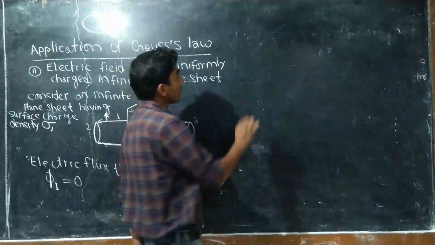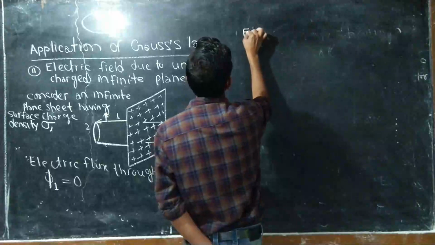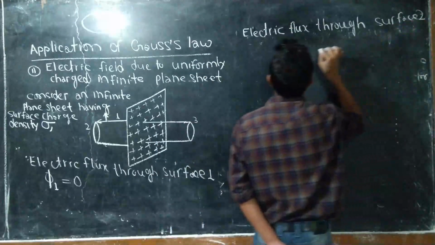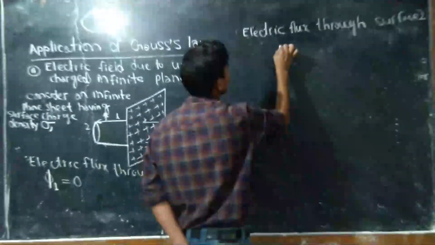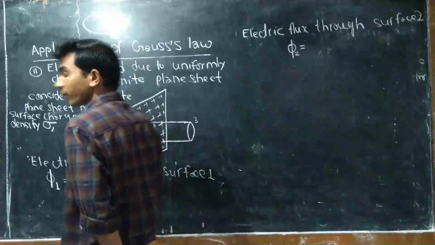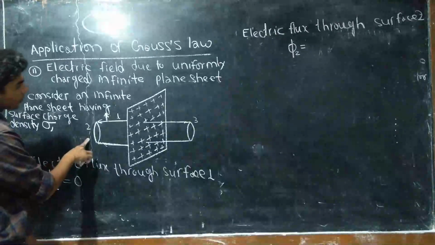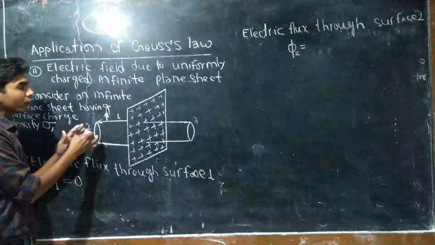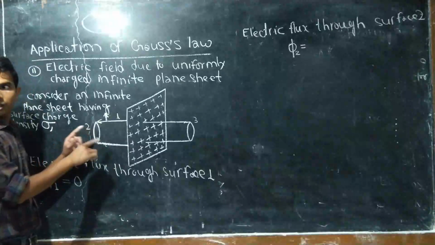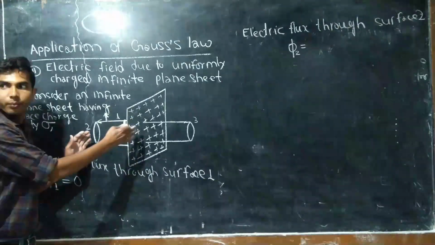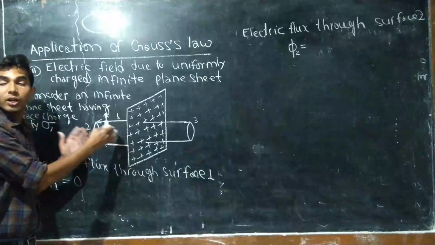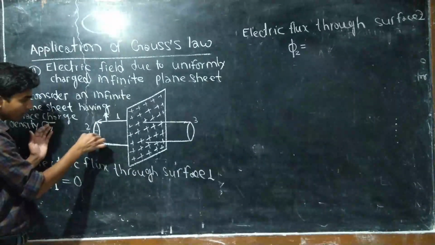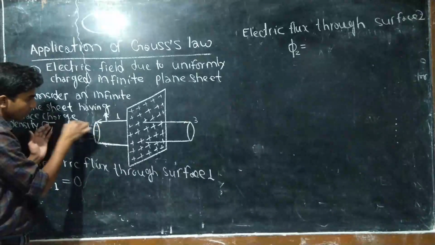Now the electric flux through surface 2. Which one is your surface 2? This one. Now you can see all those points lying on this surface are at equal distance from this sheet. So the electric field will be the same and the direction is also the same. All electric field lines are coming in this direction.